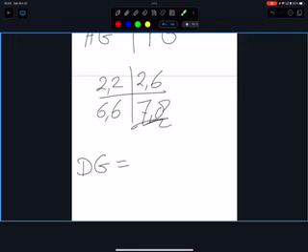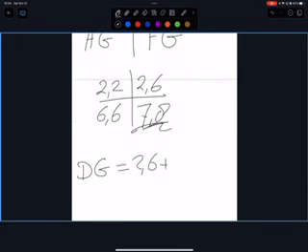What is the length of FG? 4.2. So what do you think you have to do? Plus. You add them together. So DG is 2.6 plus 7.8. So your answer becomes 6.8.